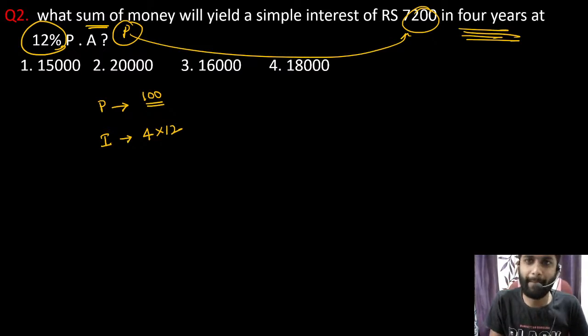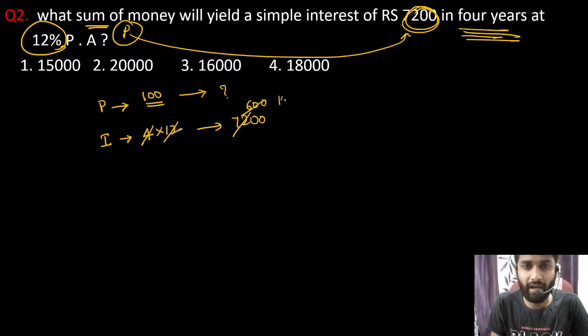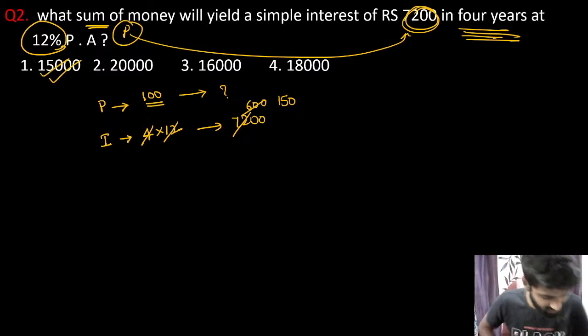Now they compare the value for 7,200 of interest. So 4 into 12 is exactly equal to 7,200. Now we need to calculate the principal. Just cross multiply them. Clear? 12 ones are 12, 12 600s. 4 ones are 4, 4 150 times. So 150 into 100, the value becomes exactly 15,000. 15,000 is the correct answer.